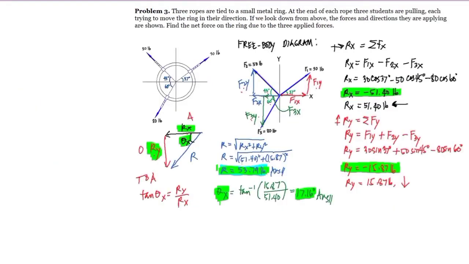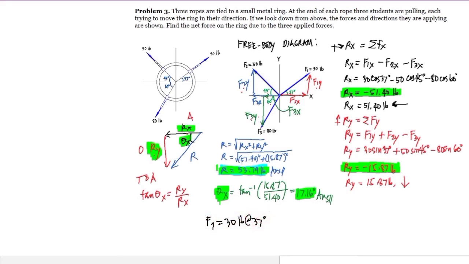For problem number 3, the first thing that we are going to do is, of course, to bring everything into standard angle. So for force 1, we have force 1, 37 degrees. So standard na siya. We have force 1 is equal to 30 pounds at 37 degrees.